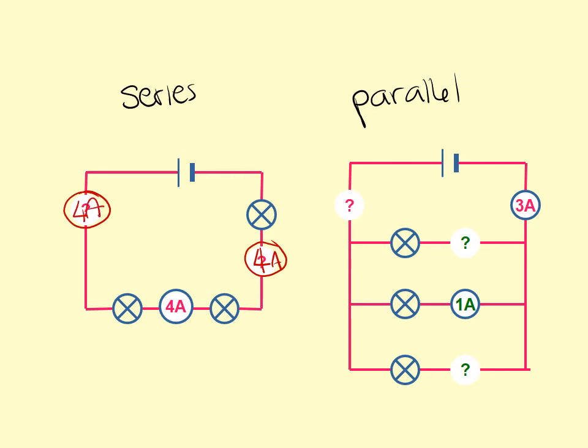Now let's turn our attention to the parallel circuit. Remember, the current's moving from the negative terminal, but we can see we've got more than one path. In fact, the current has 3 different paths it could take. So if I was to set up an ammeter here, what might the current be here? And if I was to set up an ammeter here, what might the current be?